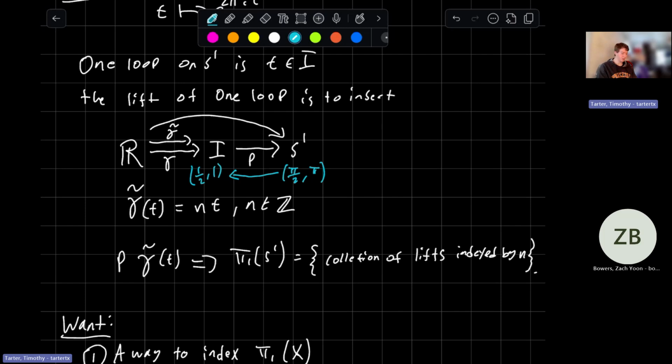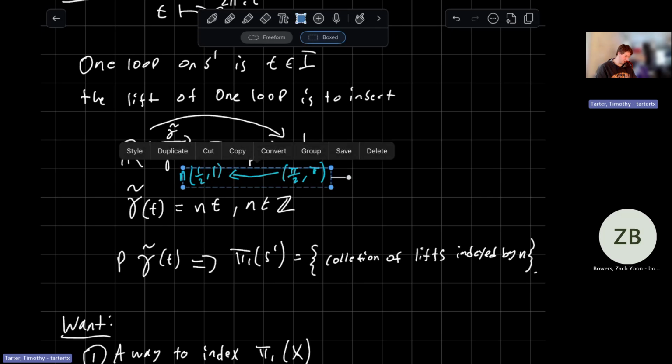So it is injective, but if we mapped it all the way back through the inverse image of the lift, it wouldn't be. Does that make sense? Yeah. Or I guess it would be n times that interval. So no, this is injective.